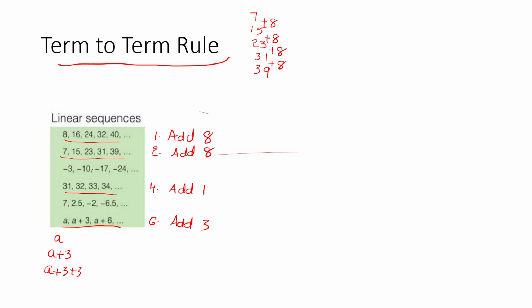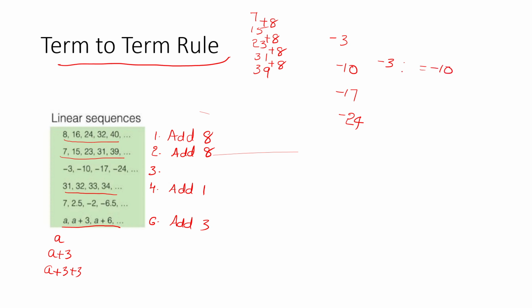So now we will see another two examples. Here the third one. I am just writing the elements here: minus 3, minus 10, minus 17, minus 24. So I hope you have studied about the negative numbers. So this is minus 3 and this is minus 10. Along with minus 3, when I am operating something, I will get minus 10.